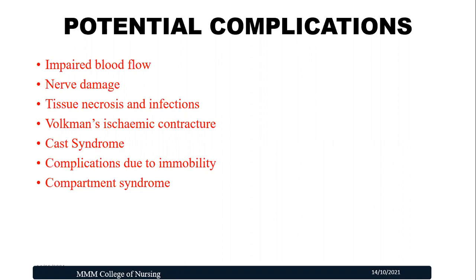These are some of the potential complications of the POP application. Just to recap, the too tightly applied cast may impair the blood flow, cause nerve damage and tissue necrosis, and infections with an open wound, Volkmann's ischemic contracture, cast syndrome, and complications of immobility, compartment syndrome.